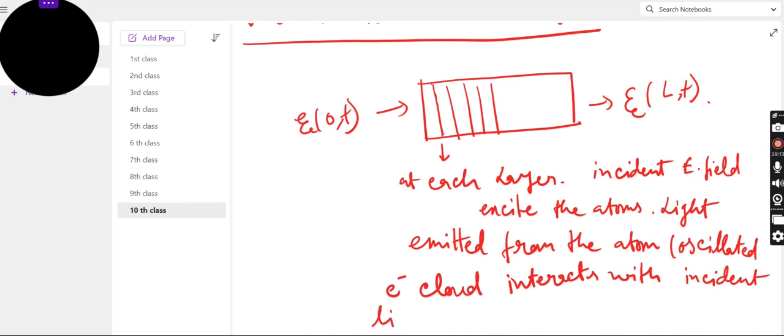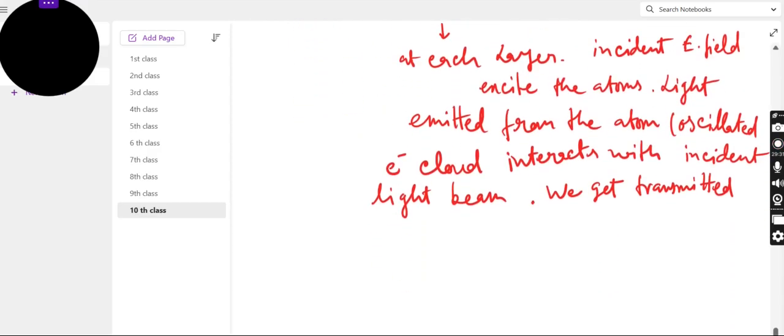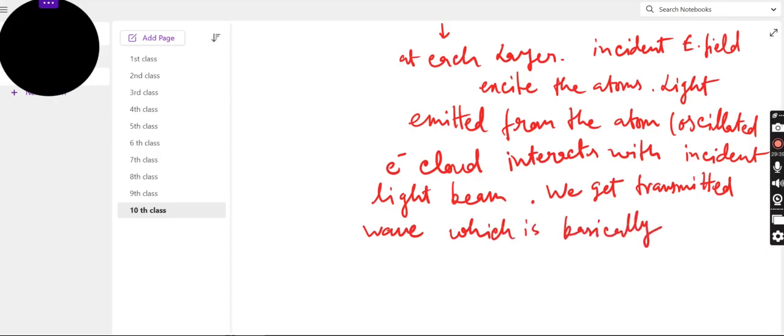Incident light beam, and we get the transmitted wave, which is basically incident light plus emitted light.